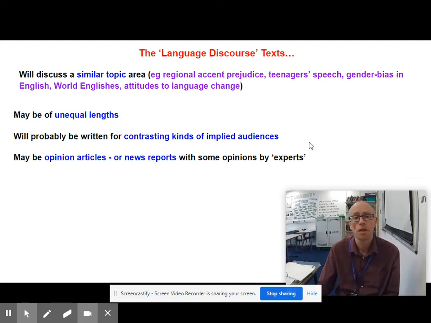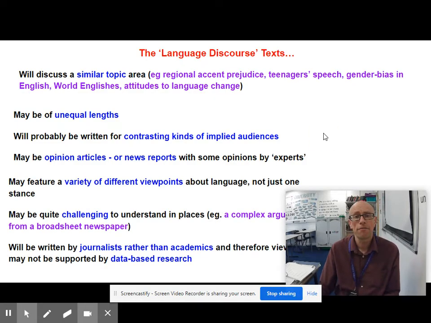The two pieces may be opinion articles, or indeed they may be news reports with some opinions thrown in by experts. They may feature a variety of different viewpoints about language, not just one stance. So it'd be unusual if you just get a text that is completely, let's say, prescriptive from start to finish.